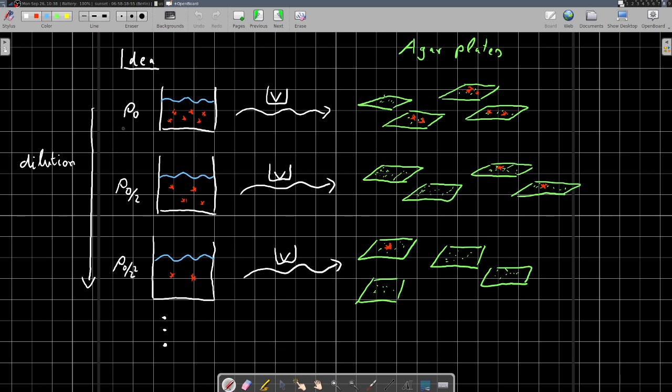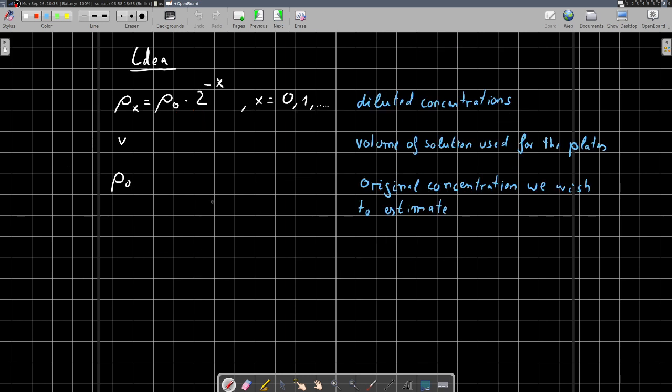We dilute in such a way that we always double the volume, so meaning the concentration is always divided by 2. Then what's the idea? So as you observed already, we denoted by rho 0 the original concentration we wish to estimate.